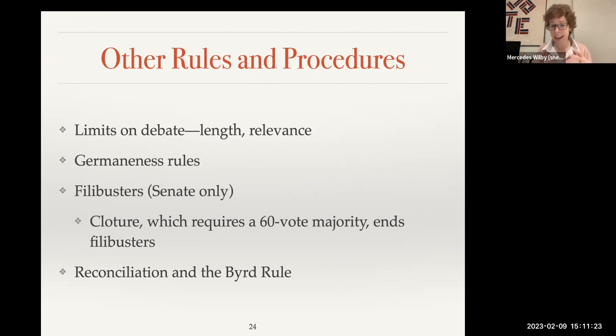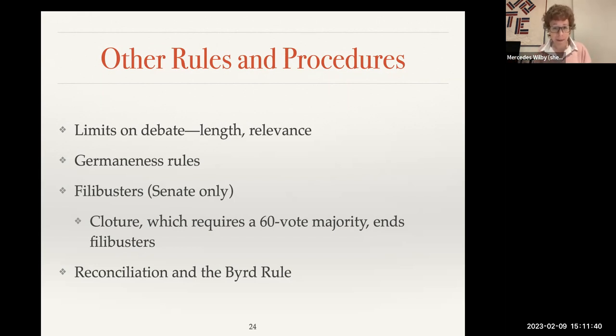So this helps protect that minority faction, the minority party. And filibuster, again, can be stopped with cloture, which requires 60 votes, and then debate will be limited, and the bill will eventually get to its regular simple majority vote.